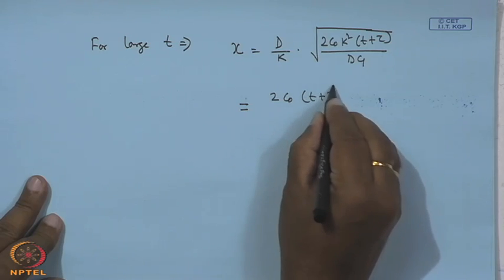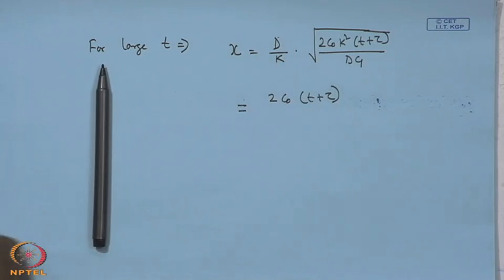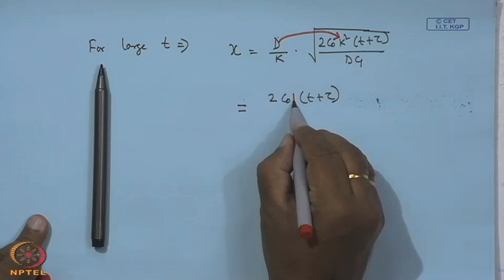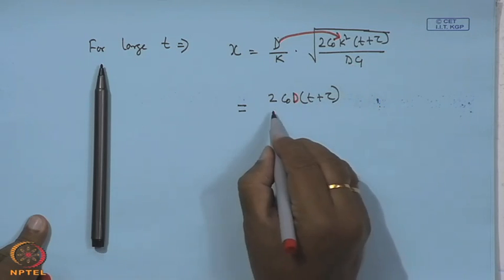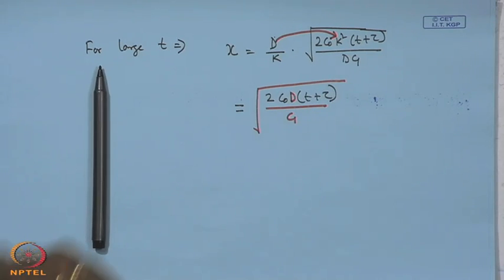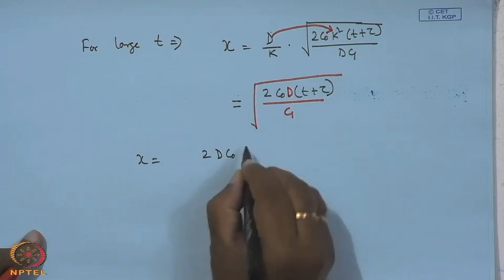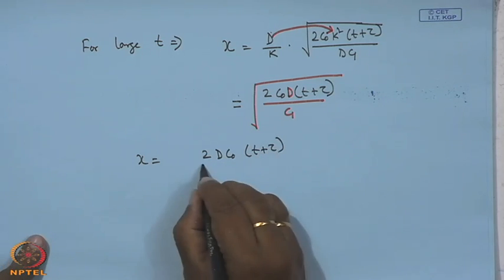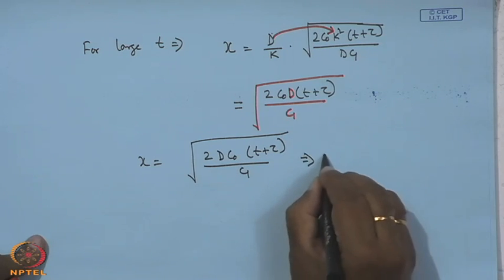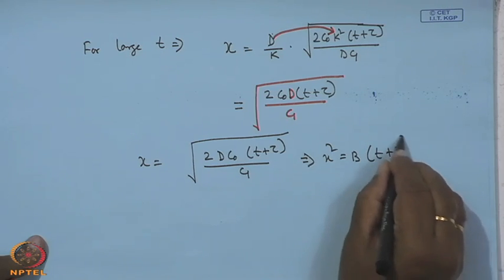t plus tau, d is here. So, if we put d inside this root, 1 d will be there, because in the denominator there is d by C 1. So, it will be root over of this. So, the final expression is x equals root over of twice d C 0 t plus tau by C 1, and that is equal to, we can write x square is equal to b t plus tau.